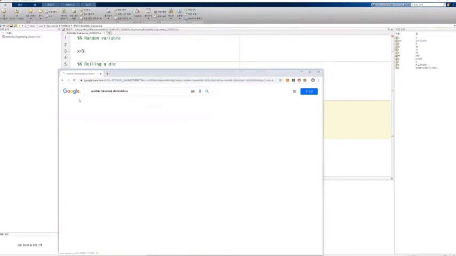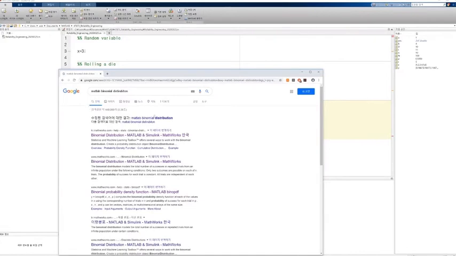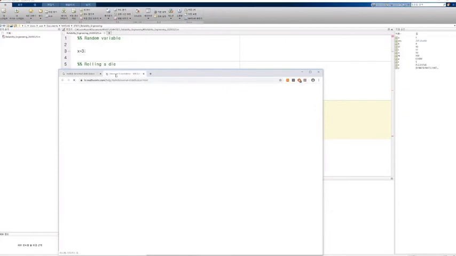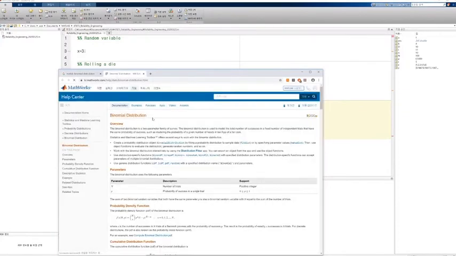If we do the search, then it tells you how binomial distributions can be described. It gives us all the descriptions about binomial distribution, and it tells us that we have binomial CDF, binomial PDF, and so on.